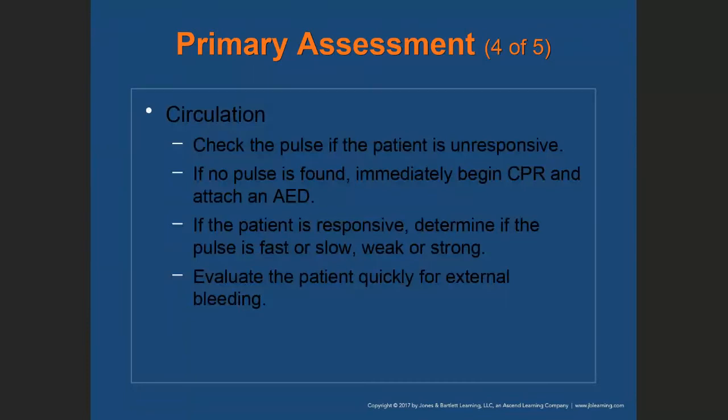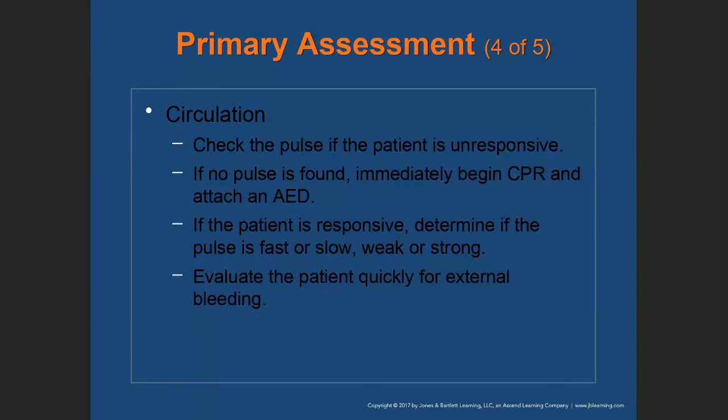All right, now after you have assessed and managed your upper and lower airway issues, then the focus will shift to circulation. Check the pulse if the patient is unresponsive. If no pulse is found, then we need to start CPR and get an AED attached, or switch your cardiac monitor to AED mode, and put it on the patient as quickly as possible.